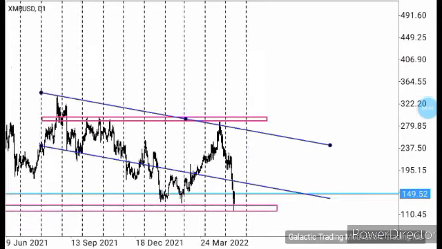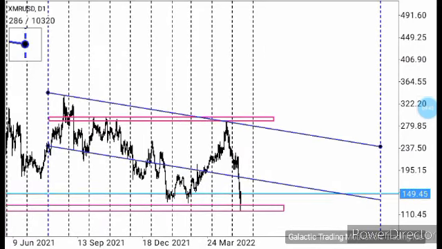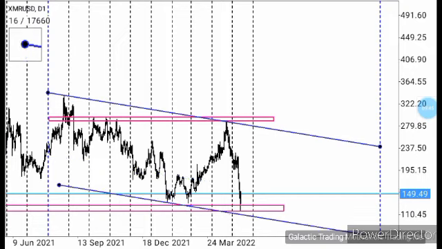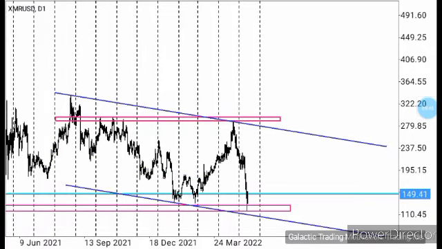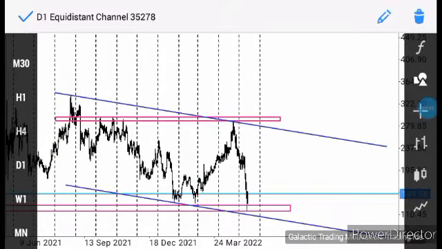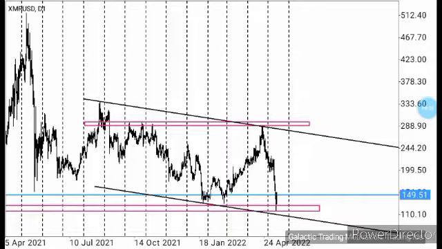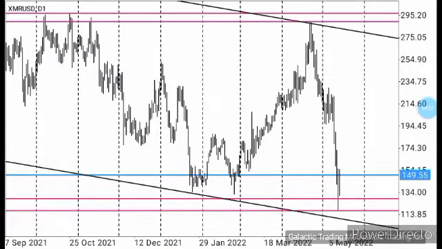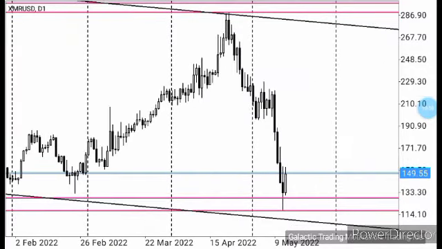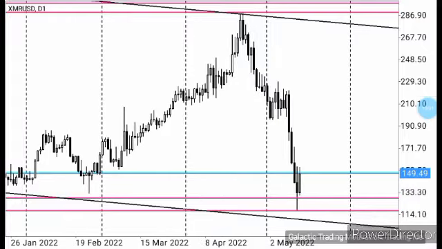We just need to ensure that our channel is as accurate as can be. There we go. I'm just going to make it a different color as well. There we go. So let's continue with the daily chart of Monero.